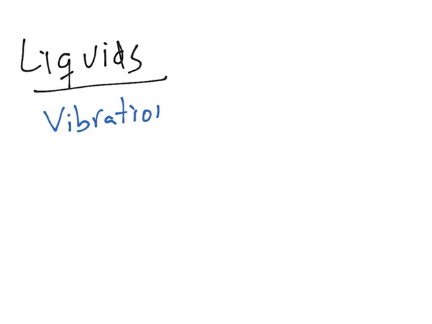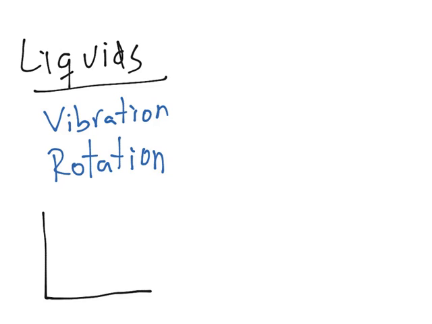So liquids. A liquid will have vibration like a solid, but it will also have rotation. And when I drew the liquids, we said that they weren't as tightly packed as the solids were.